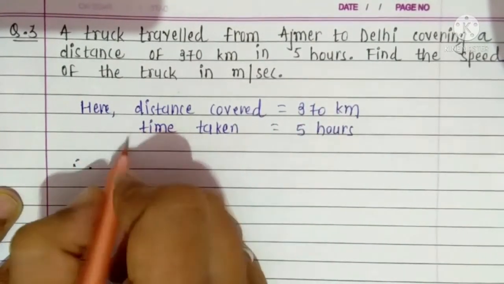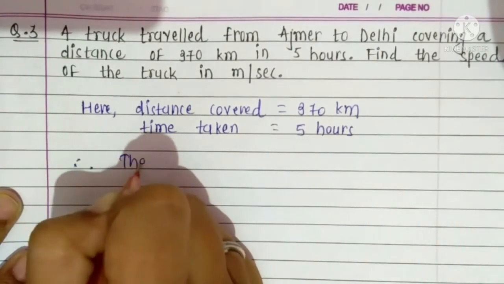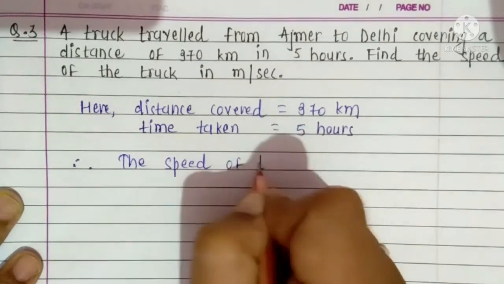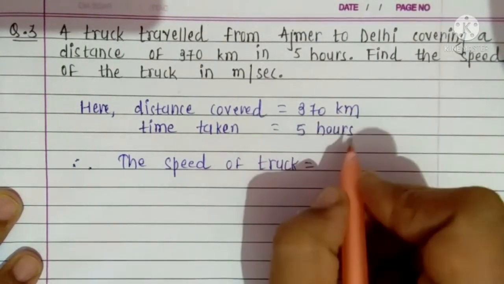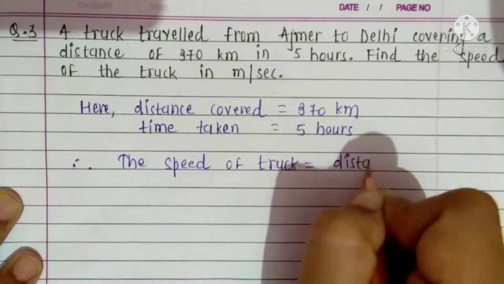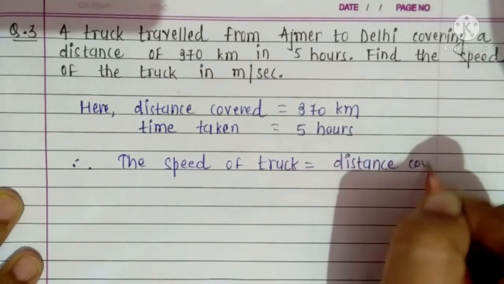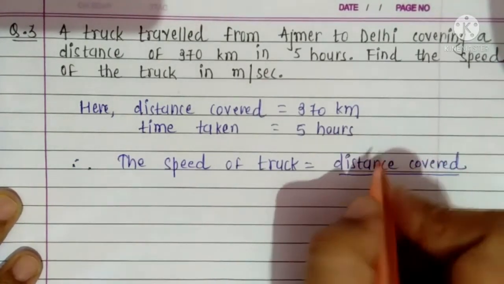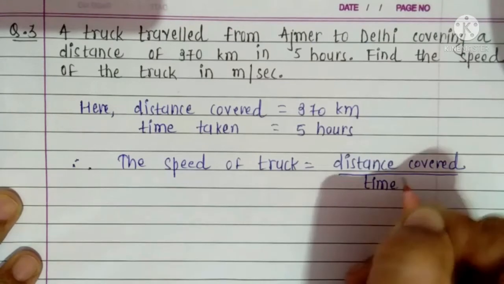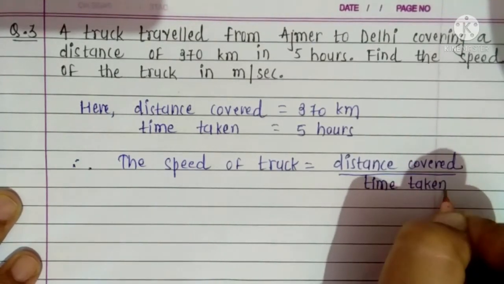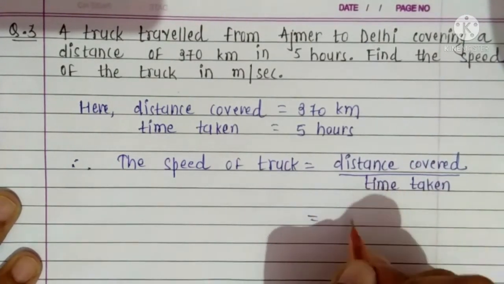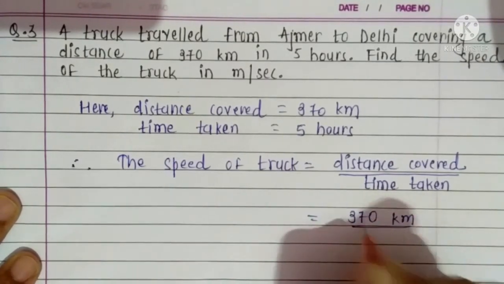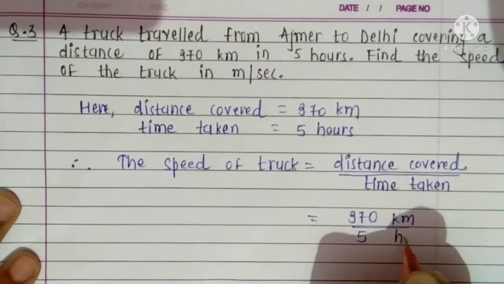Therefore, the speed of truck is equal to distance covered upon time taken. And this is equal to 370 kilometer upon 5 hours.